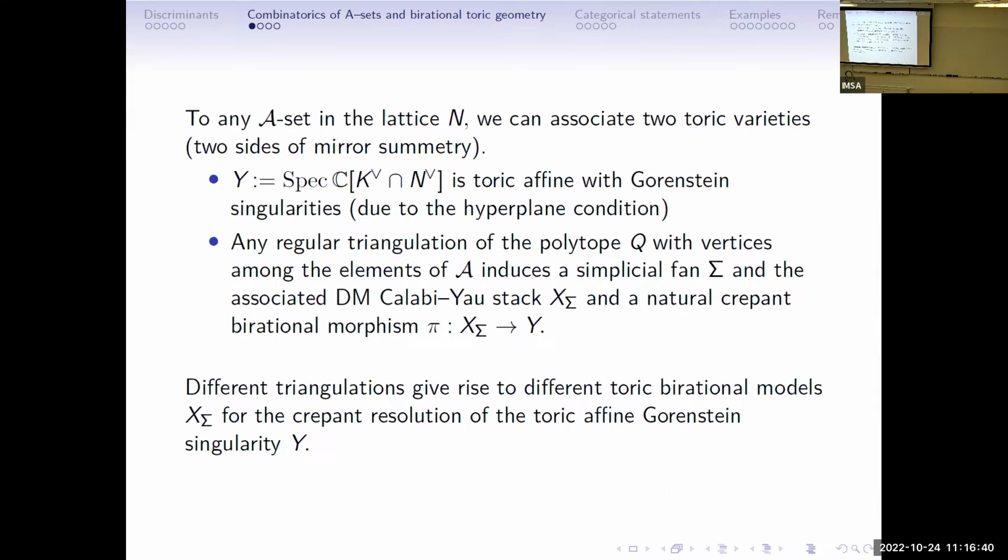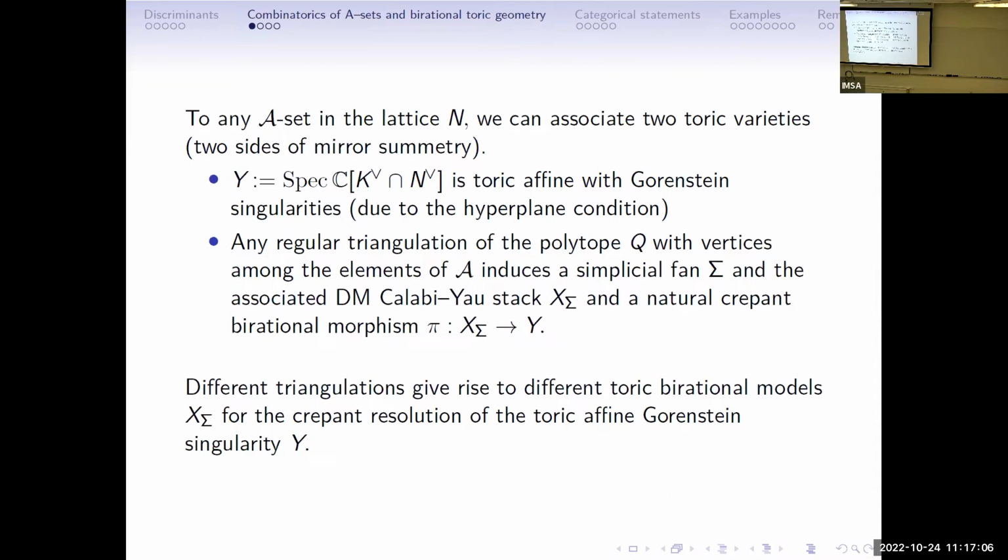So, as I said, in some sense, the idea here is that different triangulations or different stacky fans supported on this cone are going to give us different toric birational equivalent models, which are all birationally equivalent. They're crepant resolutions of the same singularity.